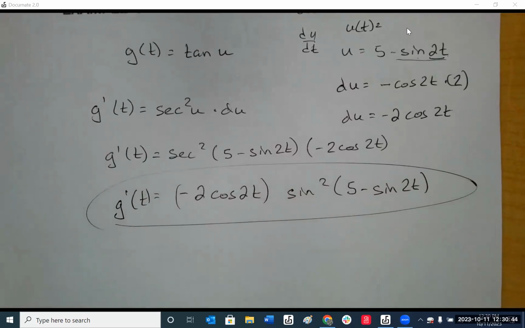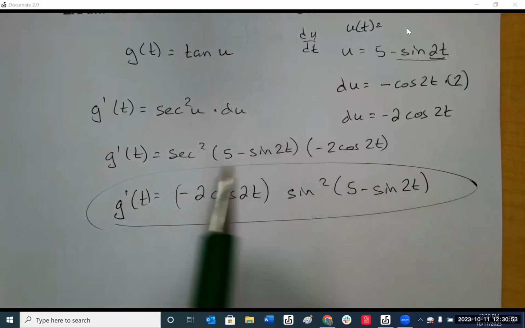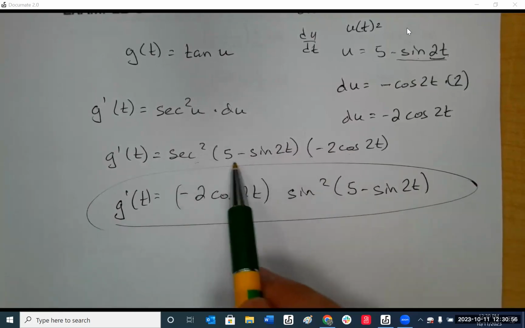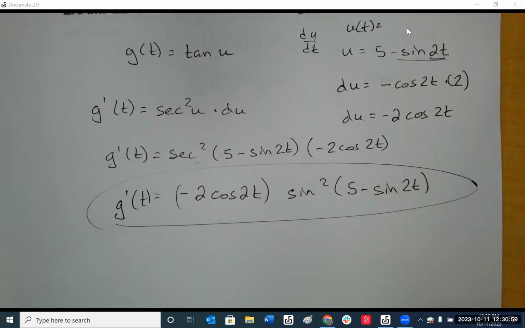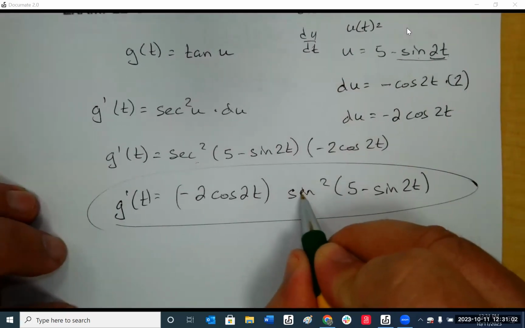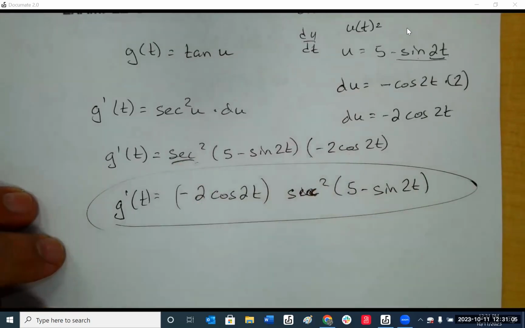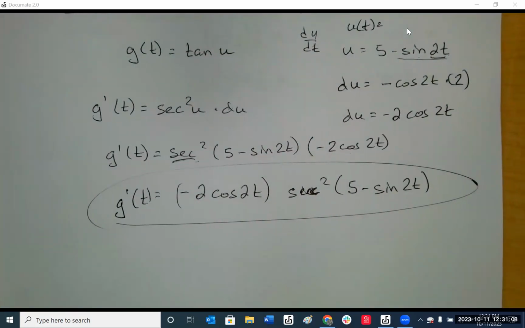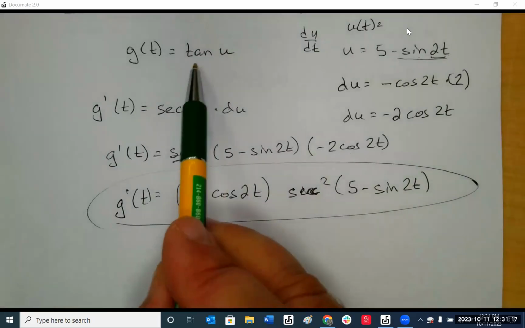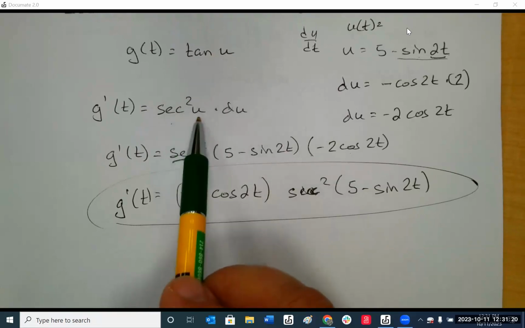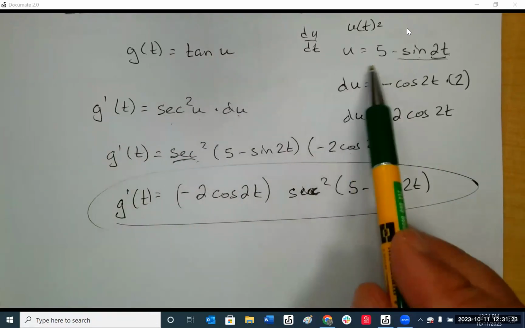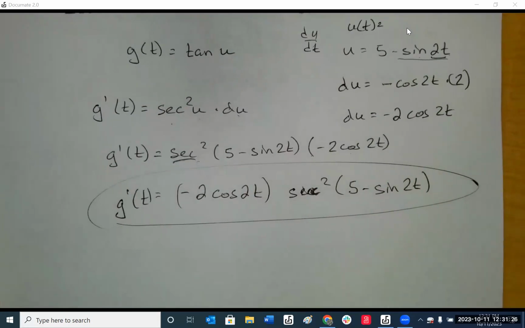There's your answer. All I did is put this in front because I don't like it back here, it seems like an extension of sine. Oh, I'm sorry, secant. Yeah, secant squared. So basically, tangent of u equals secant squared of u times du. Once you define what u is, find du, plug and play.